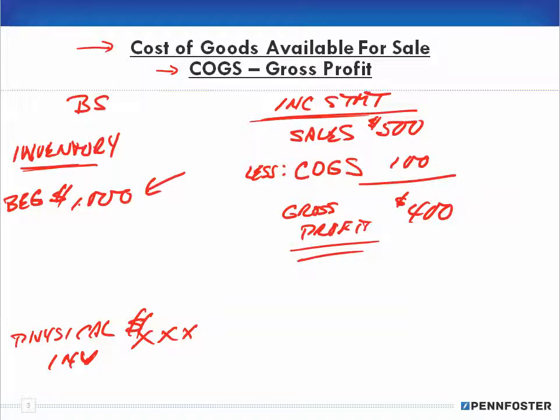We might start out at the beginning of the month with a beginning inventory of 1,000, and people are buying stuff off the shelves every day. But we also have to replenish that stuff on the shelves, so we make purchases. So let's say my first purchase, say a week later, I buy $2,000 more of inventory, and it's on the shelf. Now remember, some of that stuff is being sold, okay? But my books show that I have $3,000 at this point in time, okay?